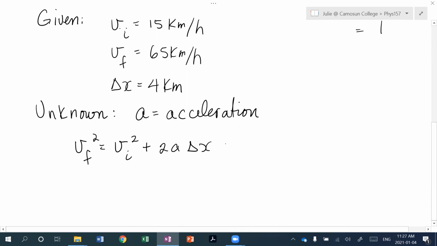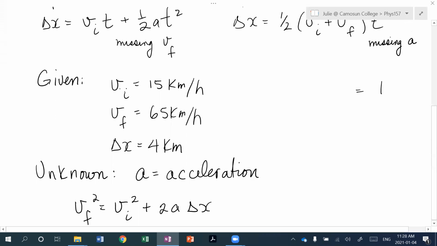Before we use the equation, better check our units. You could get an acceleration in kilometers per hour squared, but most likely the computer is going to want meters per second squared. So we have to do some converting. The conversion factor you should probably know is that 1 meter per second is equivalent to 3.6 kilometers per hour. That ratio is 1.